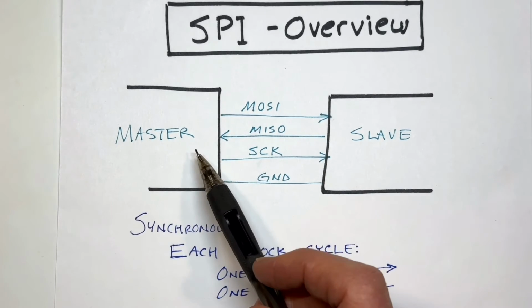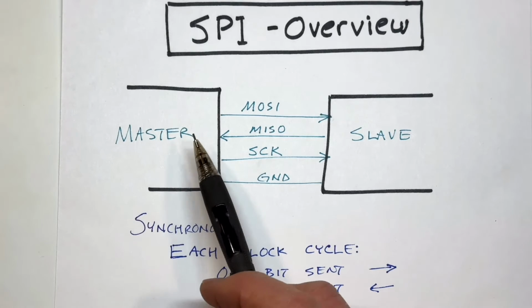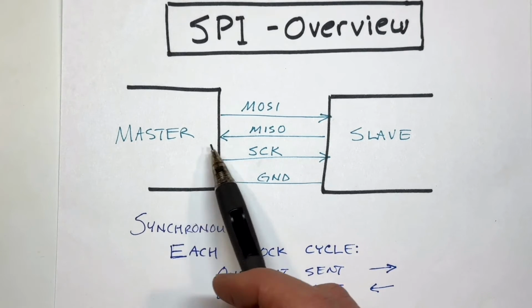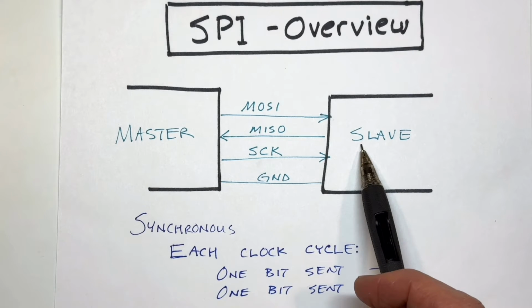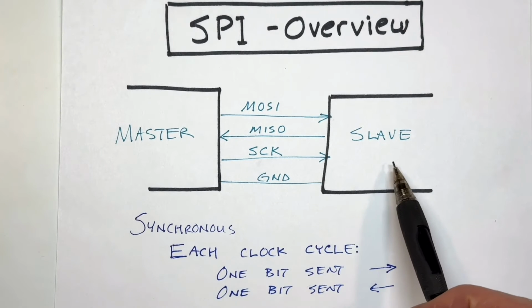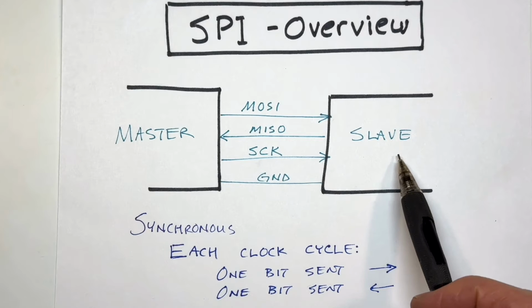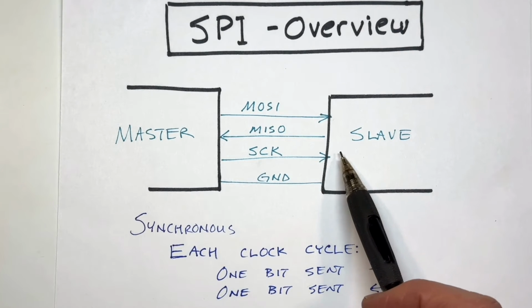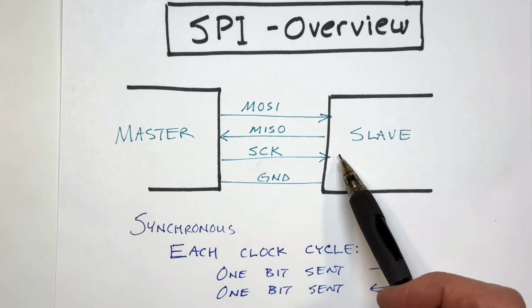These words are descriptive. They mean something. What we mean is that the Arduino is acting as a master in the sense that it's telling the slave exactly what to do, and the AT51 is in fact a slave in the sense that it is responding to the clock pulses exactly the way it's supposed to respond.